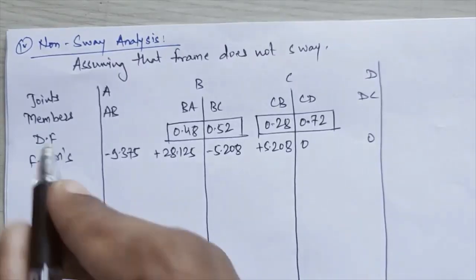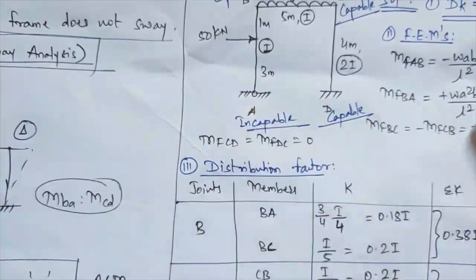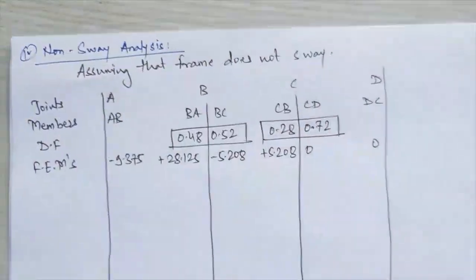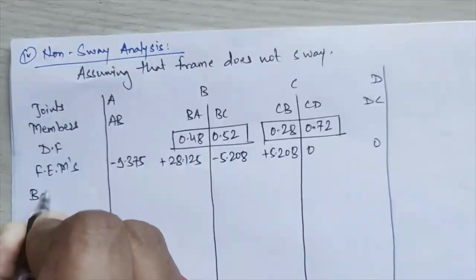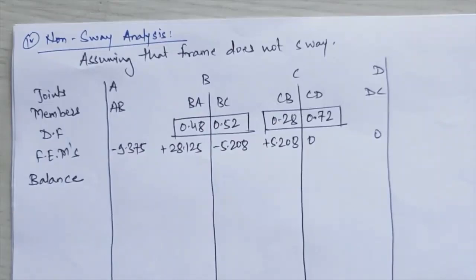Okay, now after this what you have to do is apply the balancing moment at your incapable support first. Are we having any incapable support? Yes, that is the support at point A. So you have to apply the balancing moment, that is, make the moment at joint A equal to 0.